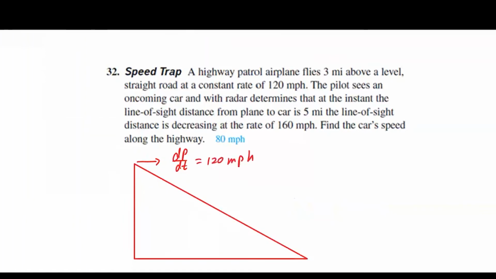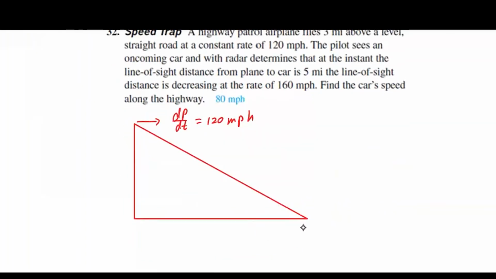You know what I'm saying? And there's a car moving this way, and that is what I'm calling dx dt. That you don't know. That's what we're trying to figure out. And this is 3 miles high. I'm going to call this side x. This is a picture.